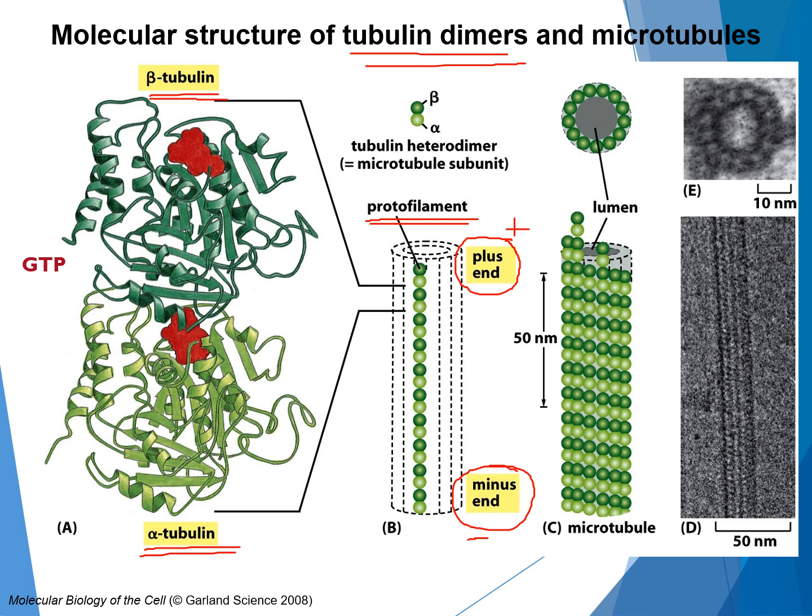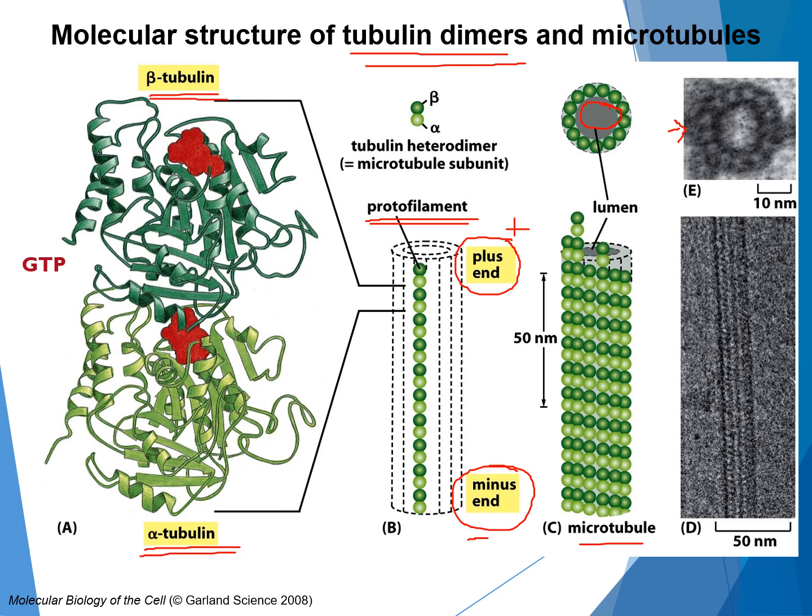Here is the structure when we look at the complete structure of microtubule. If you can see here, there is a hollow area. This can be seen even using the electron microscope.